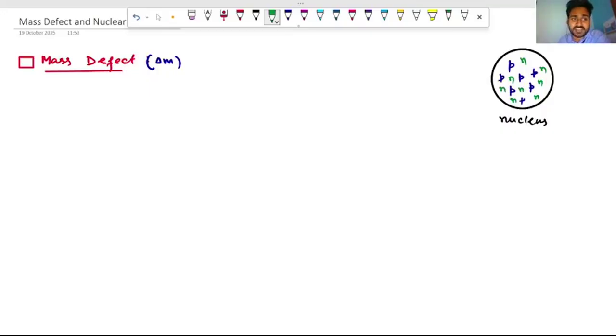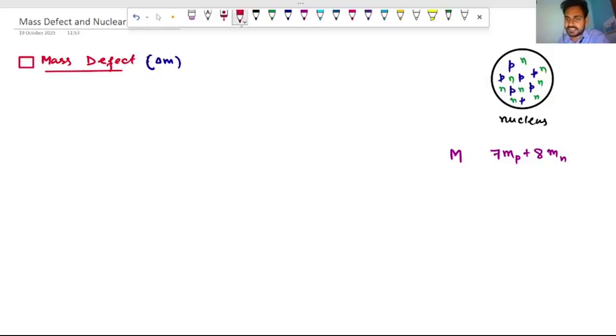Okay, so mass defect is, listen, according to our daily knowledge, what will we say is the total mass of the nucleus? Suppose total mass of the nucleus is m, and what is the total mass of the neutrons and protons? 7 protons, that is 7 times mass of proton plus 8 times mass of neutron, isn't it?